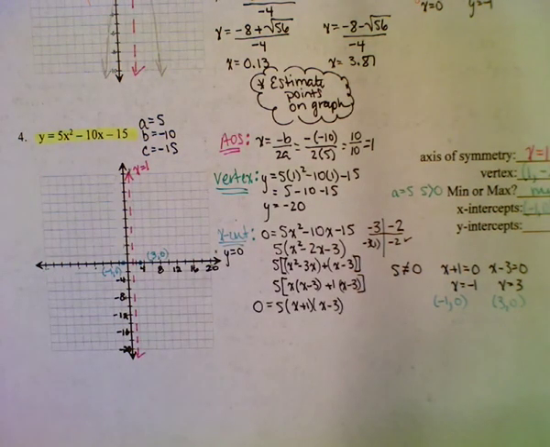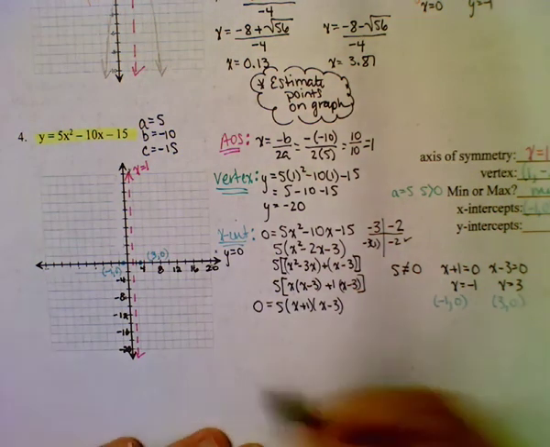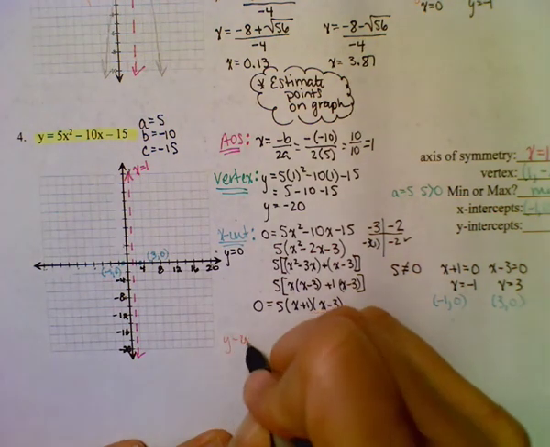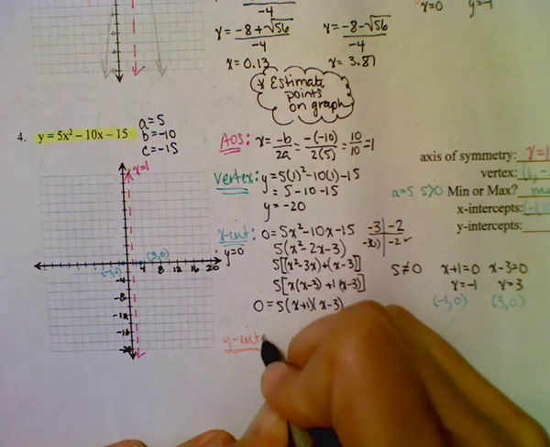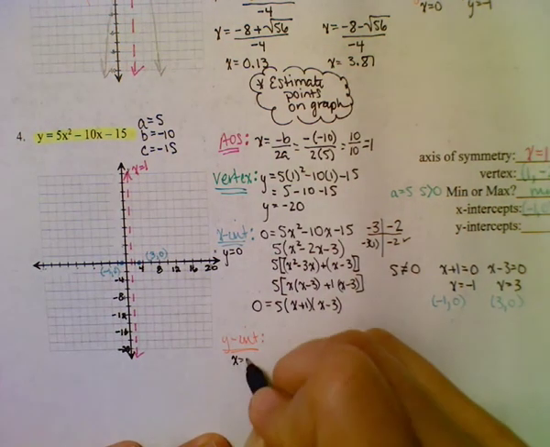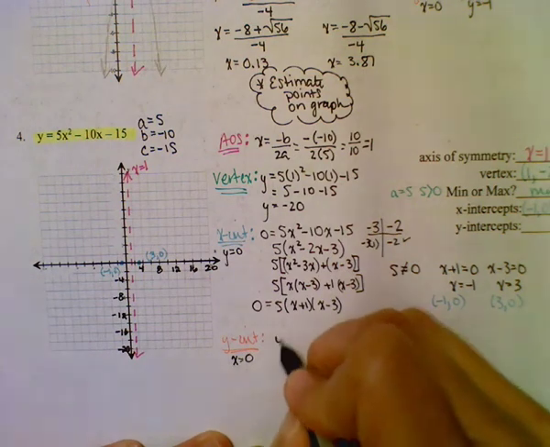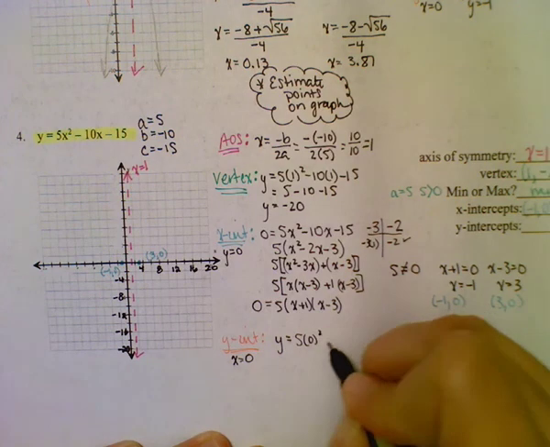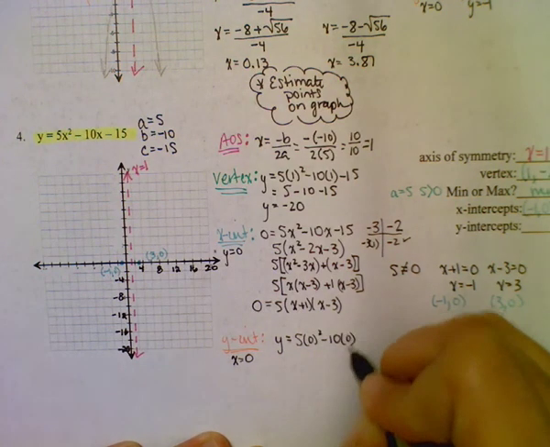Last but not least, I can find my y-intercept. And to do so, I'm going to say x is equal to 0. So y equals 5 times 0 squared minus 10 times 0 minus 15.